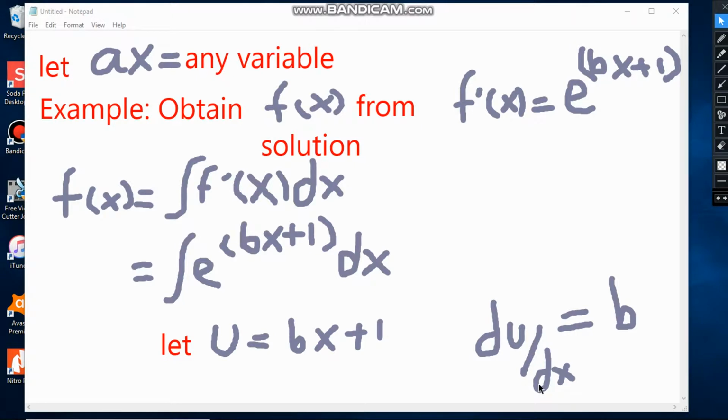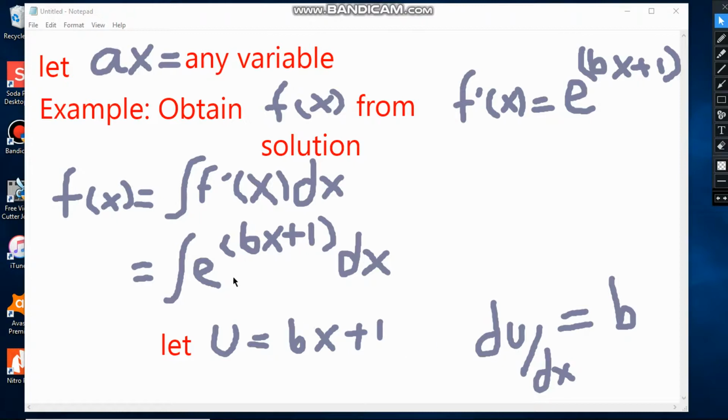So when we substitute, where there is bx plus 1, we put u. Therefore, bx plus 1 will be represented by u, and dx will be represented by du over b.